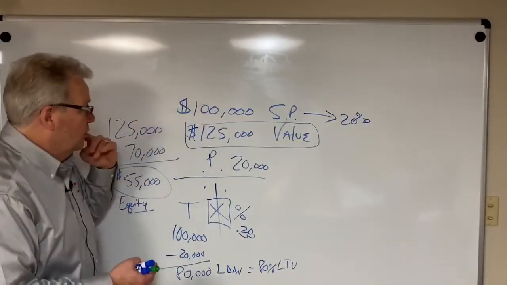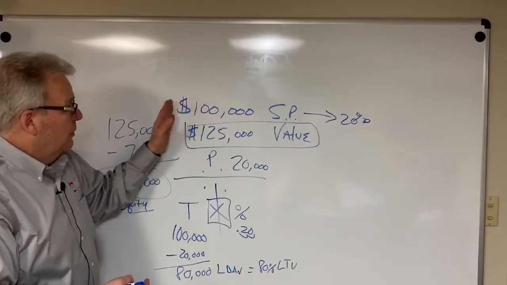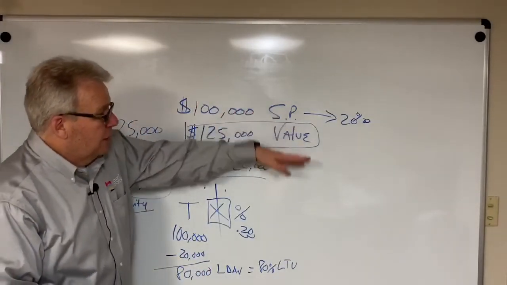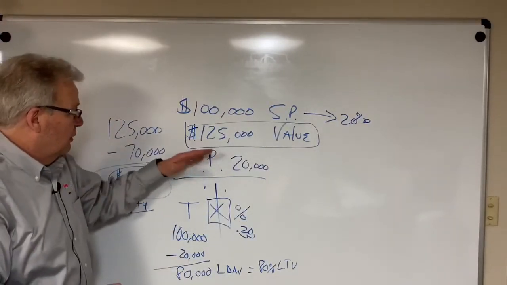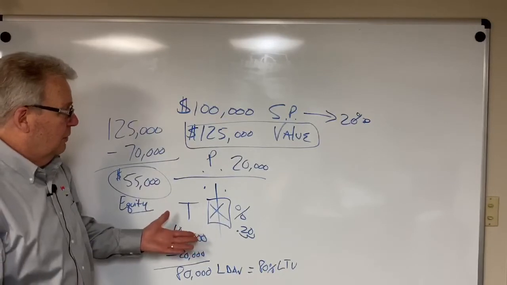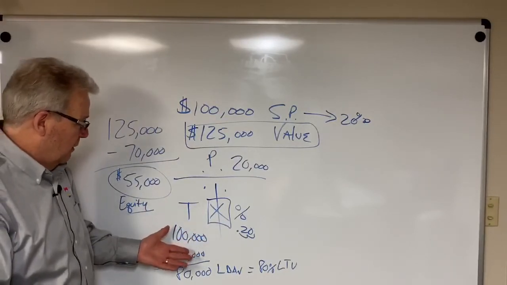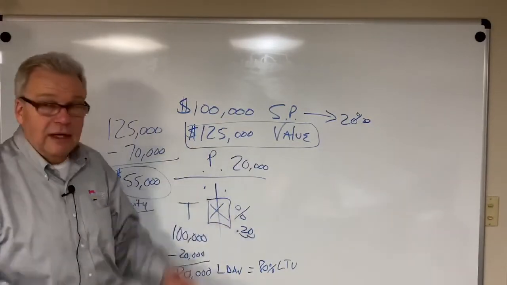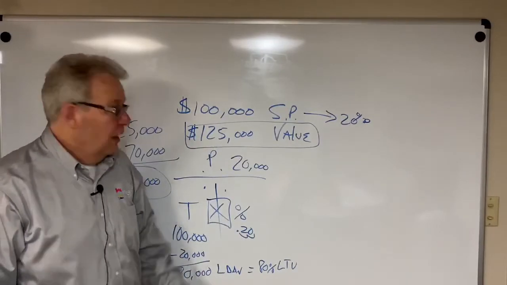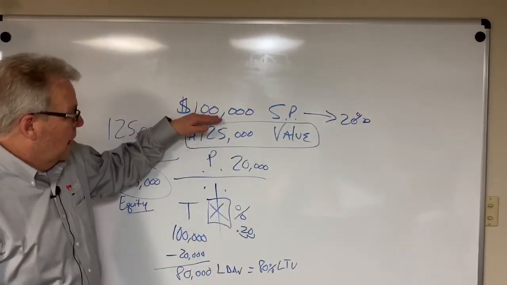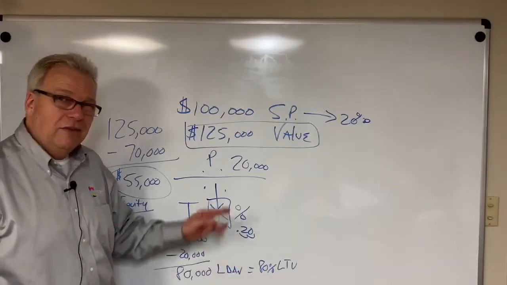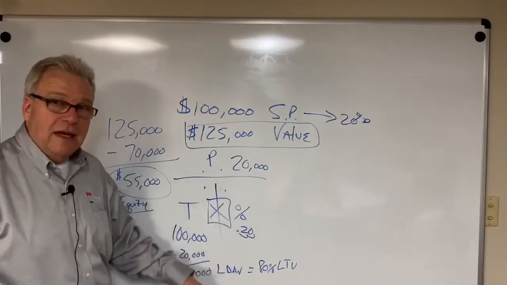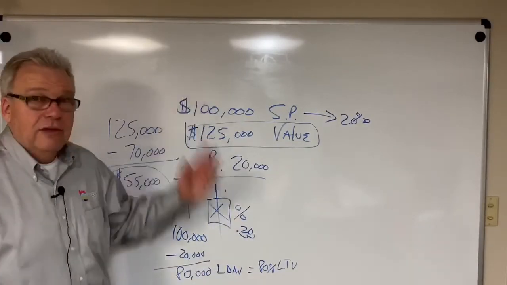Now, they could just have said, Tom bought a home for $100,000. He put 20% down. It's now valued at $125,000. How much equity does he have? In that case, he would have $20,000 equity. See that? Because it would be $100,000 minus $80,000, which is 20. But in this case, he had paid 10 down, and the value of the house actually went up.